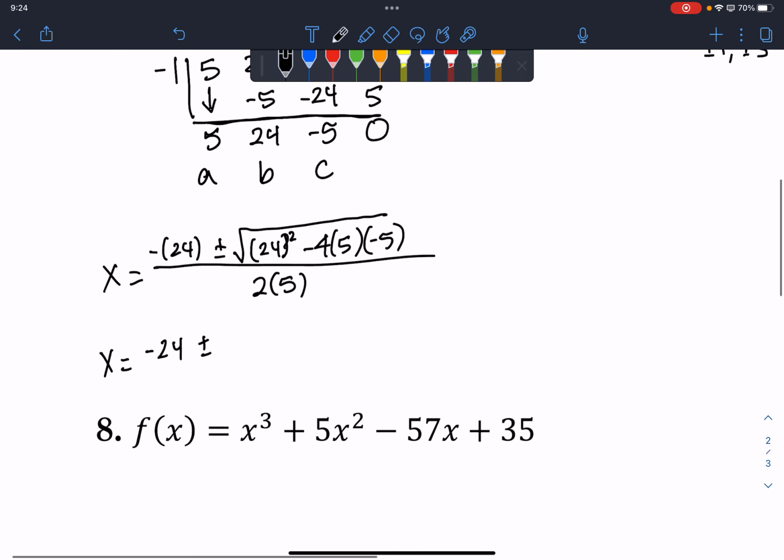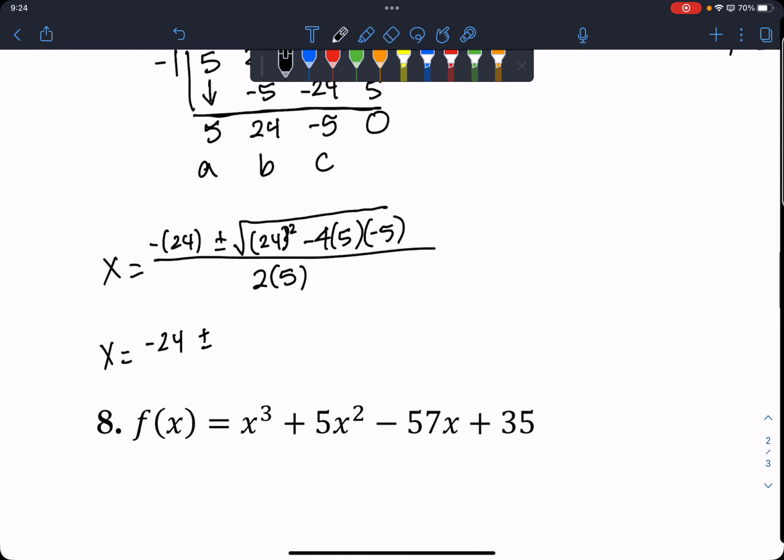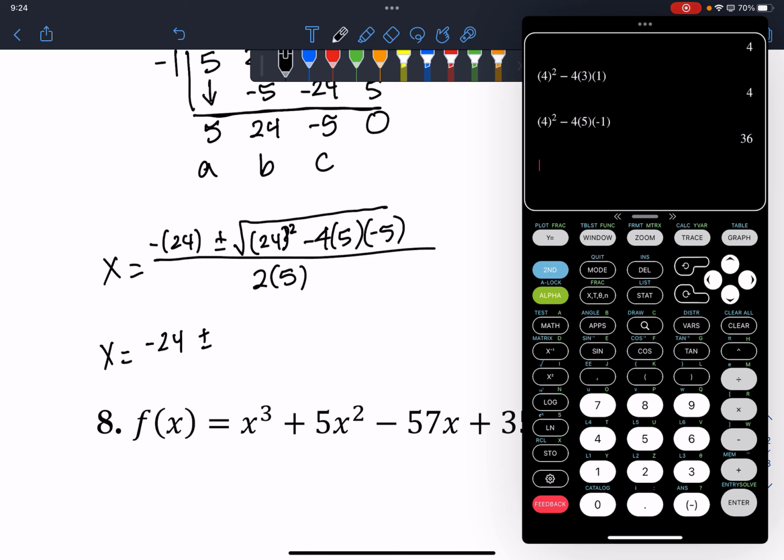So we have 24 squared minus 4 times 5 times negative 5, and that's equal to 676.